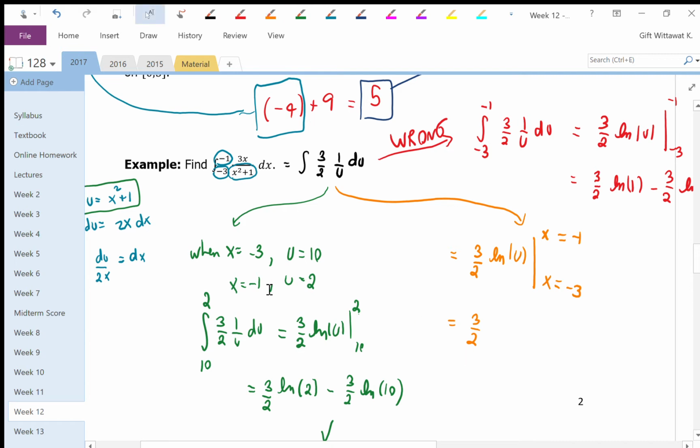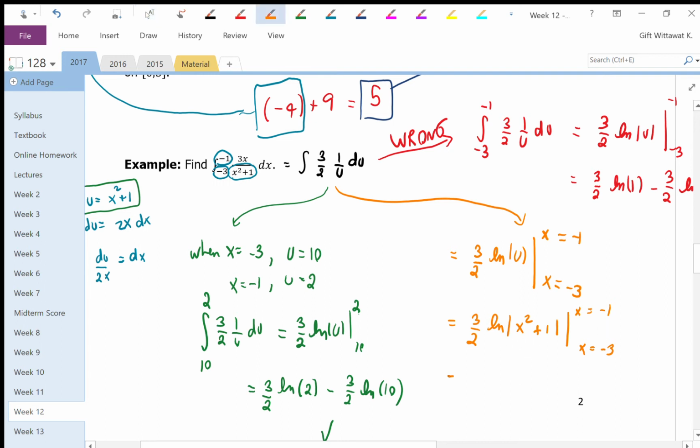I know that u is x squared plus 1. Now that I have already taken the integral, I can substitute things back. So this is log of x squared plus 1, where x goes from -3 to -1. And now things make a lot more sense because these are the values of x, and I'm seeing x in here. So now I can substitute -3 and -1 into my equation.